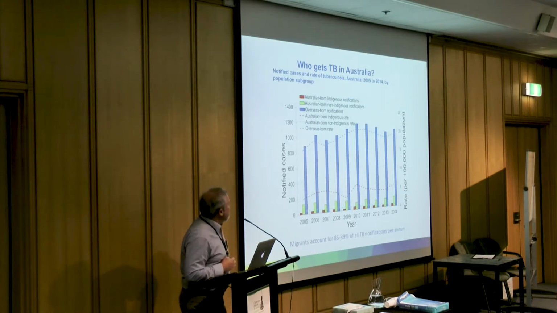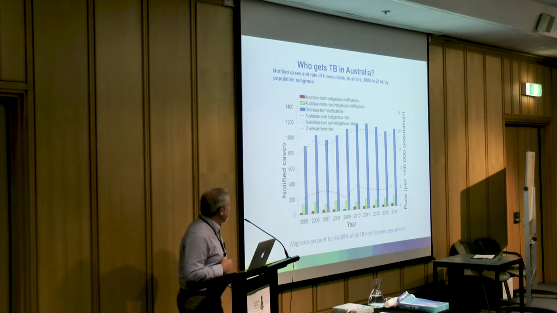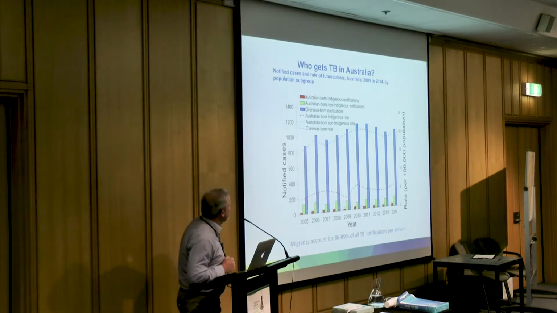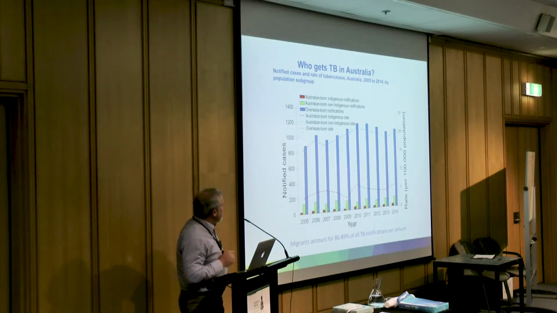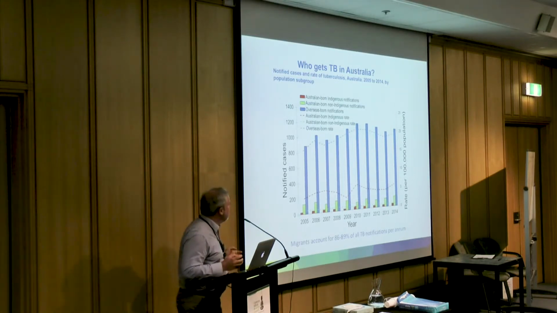The blue bars are in overseas-born people living in Australia, and they account for 86 to 89%, depending on the year, but almost 90% of TB notifications are in the overseas-born. The red bars, the little tiny red bars down the bottom, are Aboriginal and Torres Strait Islander people with TB, and the numbers of cases are very small.